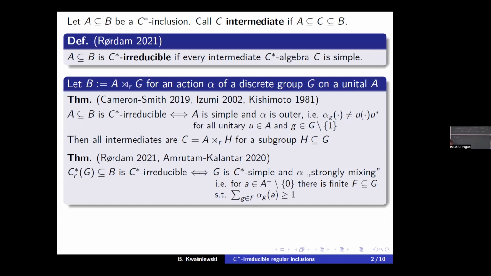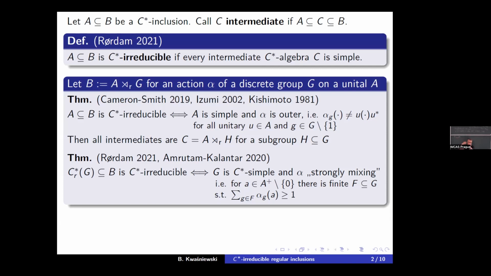Soon I will include this non-degeneracy assumption in what I call regular inclusions. But in general, I do not assume anything. So A is just a C*-subalgebra of B in general. When I add something, I will make it specific. Is there a conditional expectation? No, but as you will see soon, when you also add regularity to this, then you will immediately get an expectation, even a unique expectation.